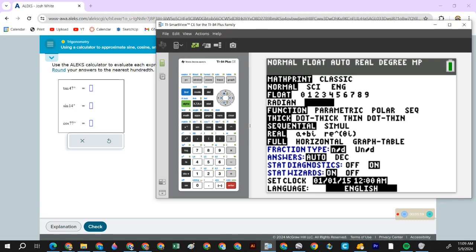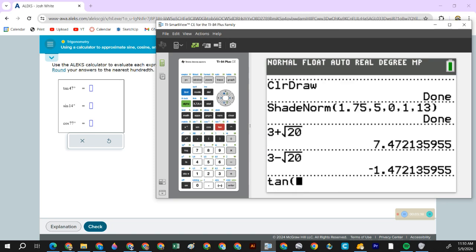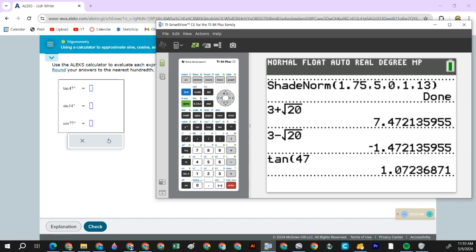If it doesn't say DEG, then there is a button right next to second, DRG, degrees, radians, and gradients. So you just push DRG until it says DEG for degrees. Okay. And I just type in the tangent of 47, and I get 1.07.